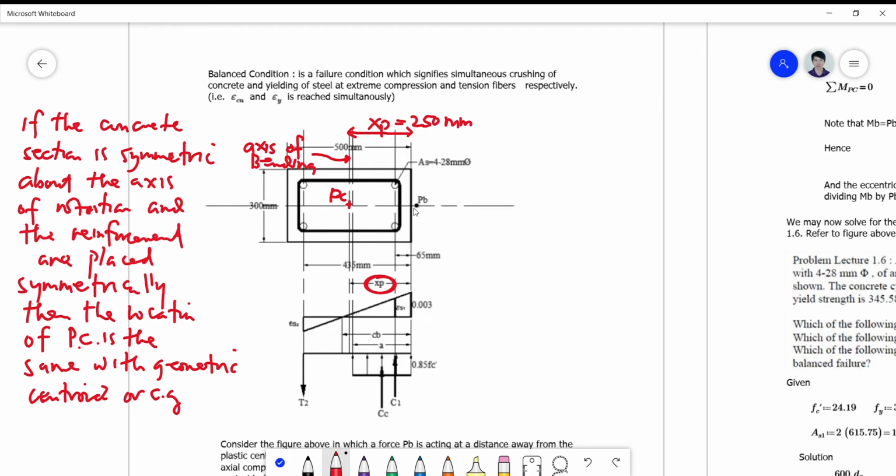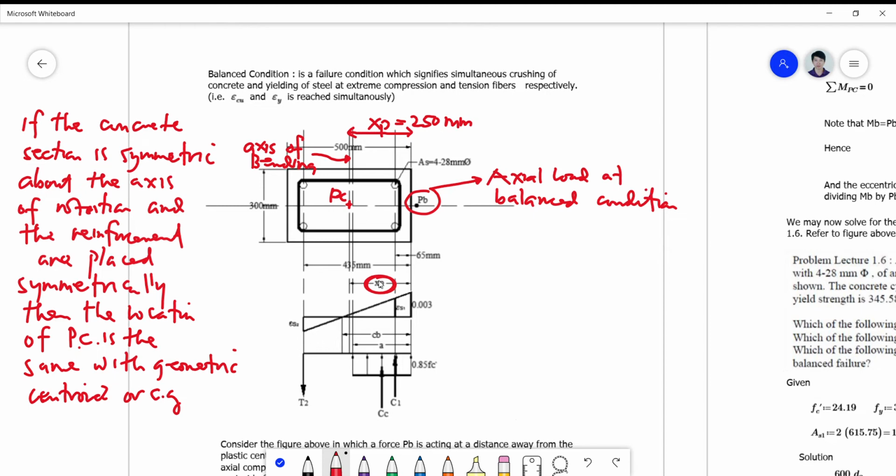So if we assume a force PB, so this is simply your axial load at balance condition, we can analyze the behavior of such column section at balance condition.